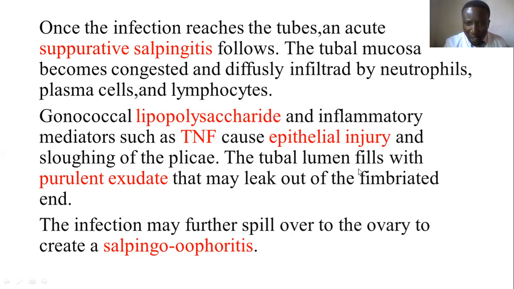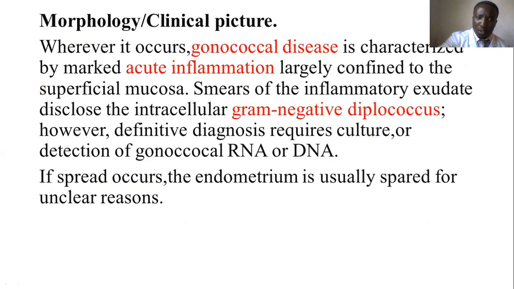So the tubal lumen, the inner lining of the fallopian tube, is going to end up filling with a purulent exudate or fluid with a lot of pus that may leak out of the fimbriated end. The other end that has finger-like projections is what we are talking about.